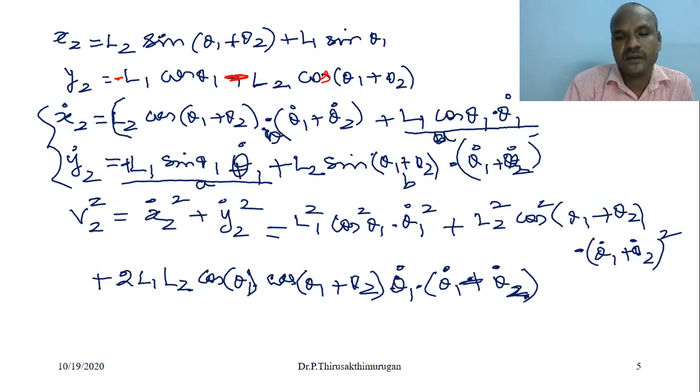This is for A square plus B square plus 2AB. Am I right? Good.